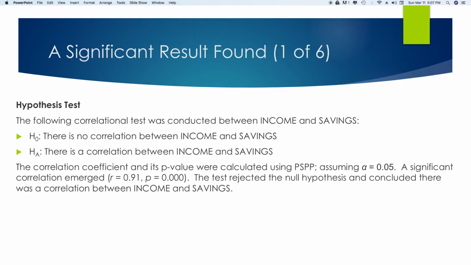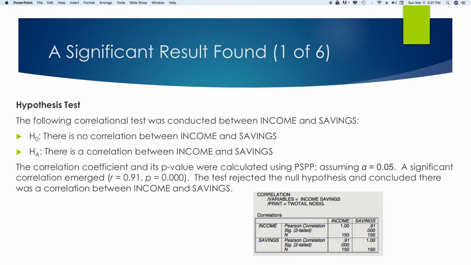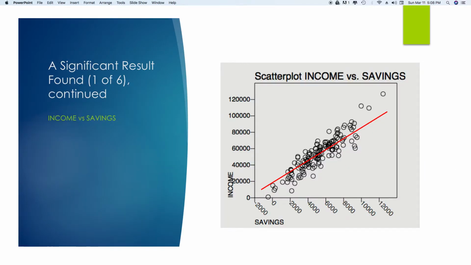So what that looks like in PSPP as an output is this. Income and savings, the relationship was calculated, and right there the 0.91 is where we get the r value, the 0.000 is the p-value. On this next slide we'll see that graphically on a scatter plot.